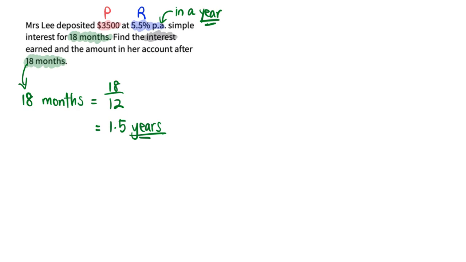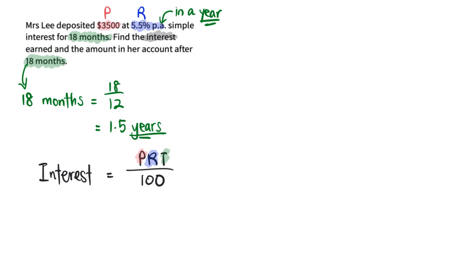So for the interest earned, it will be equal to PRT over 100, where P is my principal amount, R is my interest rate, and T is the period given in years.